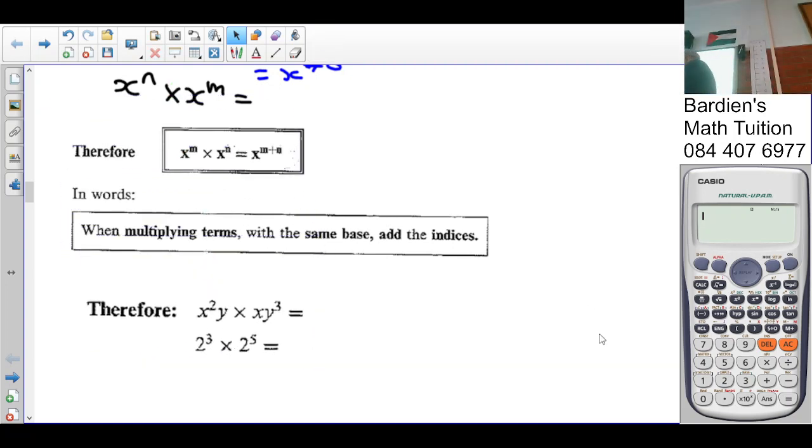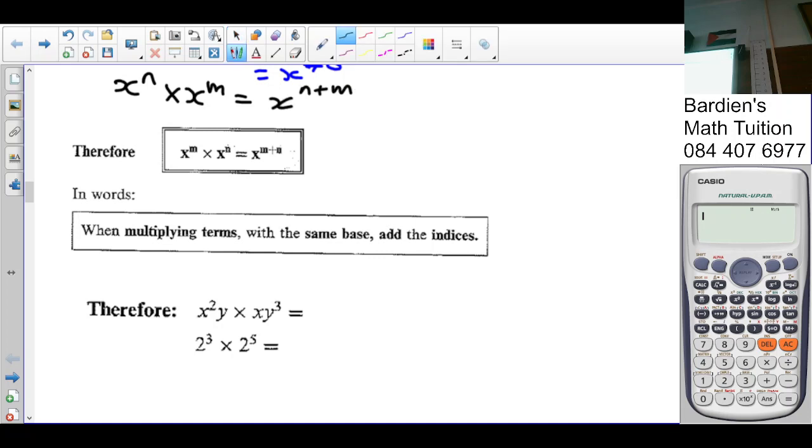So x to the power m times x to the power n can be written as x to the power n plus m. Not so? Or if m was first and n was second, x to the power m times x to the power n is equal to x to the power m plus n.